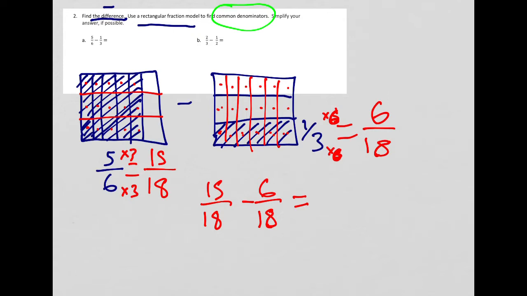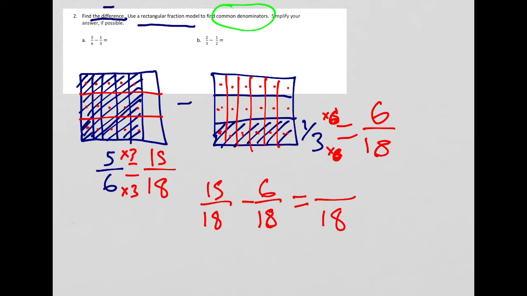So now that I have the same denominator in both, my 5/6 and my 1/3, I've rewritten as 15/18 minus 6/18. So my 18 stays the same because when I subtract fractions, my denominator stays the same. But now my 15/18, I can do 15 minus 6.